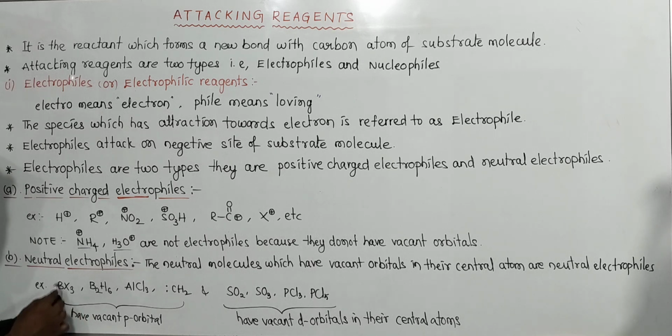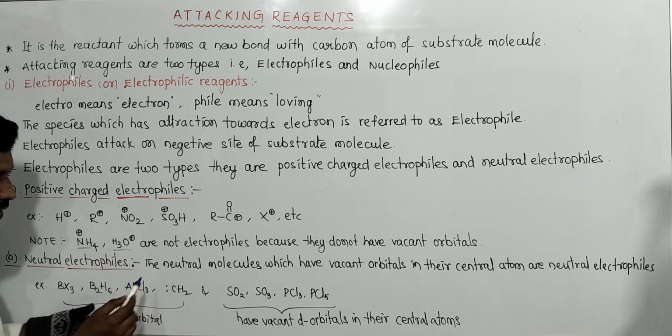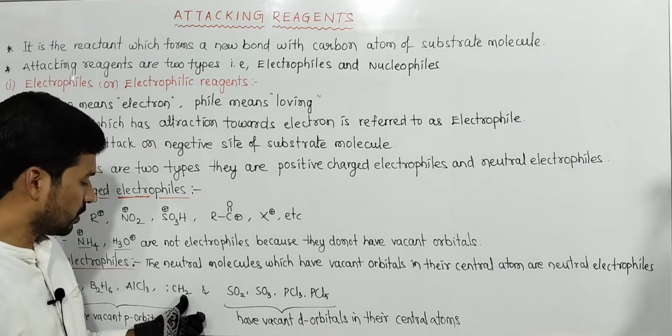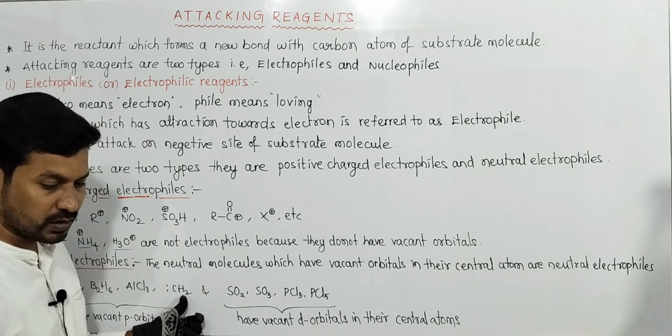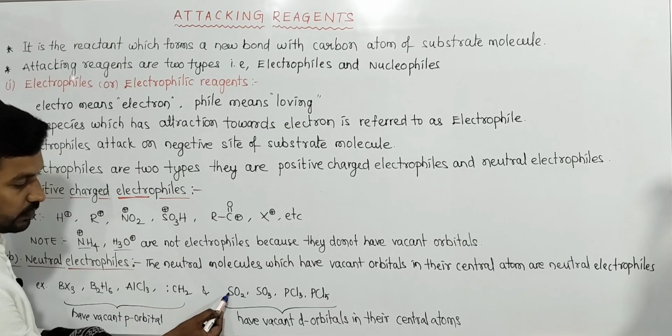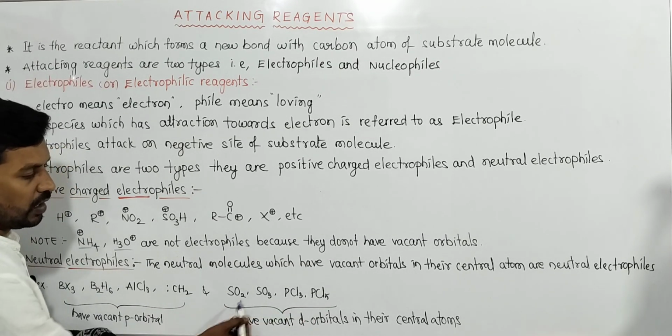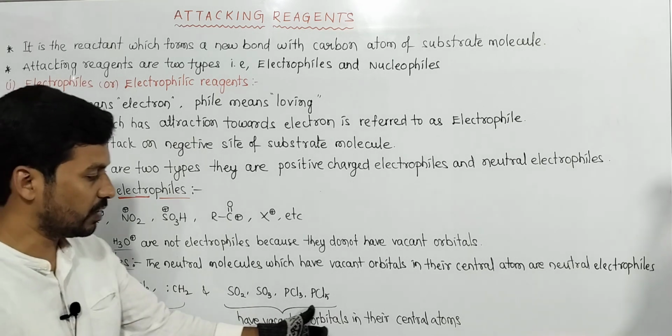In the BX3 molecule, the central atom boron contains a vacant orbital. In B2H6, boron contains a vacant orbital. In the AlCl3 molecule, aluminum contains a vacant orbital. Carbenes also have 6 electrons, so they are electrophiles. In SO2, a vacant d orbital is present in sulfur. SO3, PCl3, PCl5, all these species have vacant d orbitals.